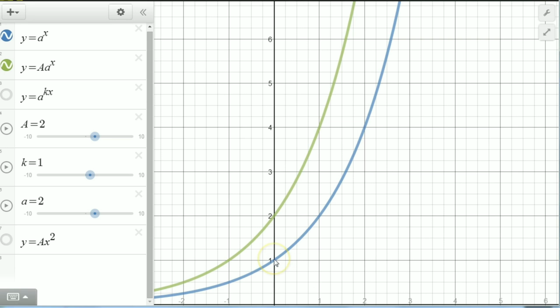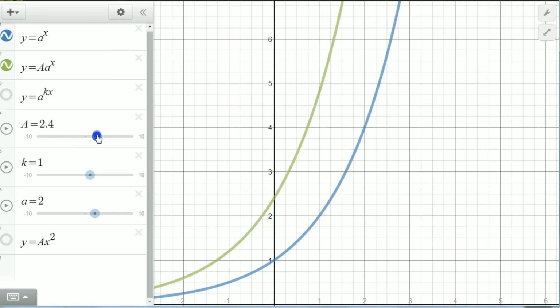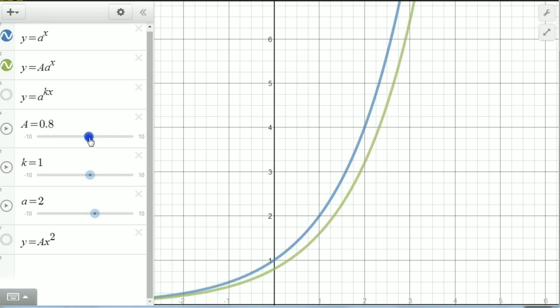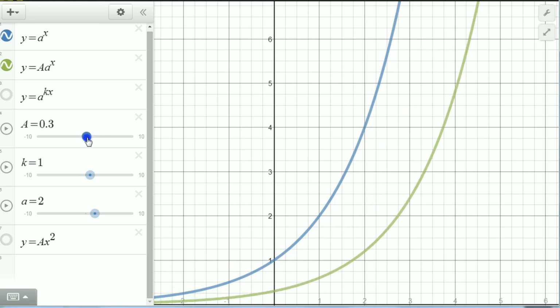So this point here has been moved up the y-axis 1 unit, but this point here has been moved up the y-axis 2 units. So it's not a constant move, it's not a constant shift, therefore it's definitely a dilation along the y-axis. So as a gets higher and higher, the graph gets steeper and steeper and steeper. As a gets below 1 and it becomes a fractional value, it looks as though this graph is getting a lot shallower.